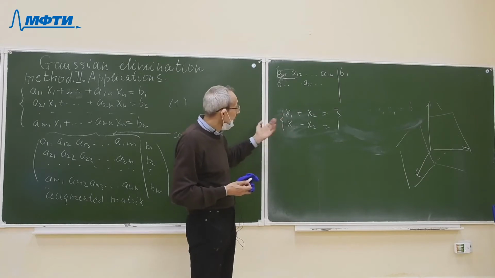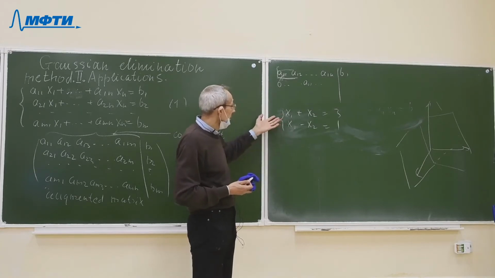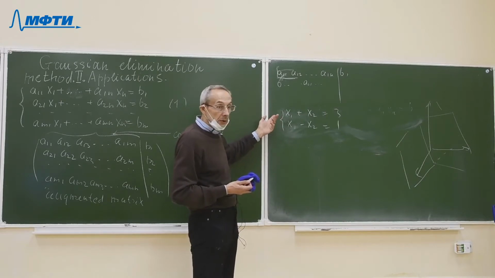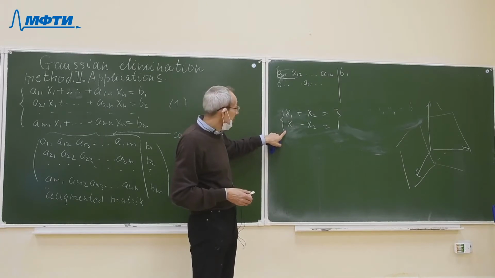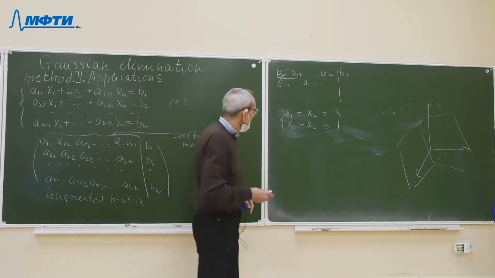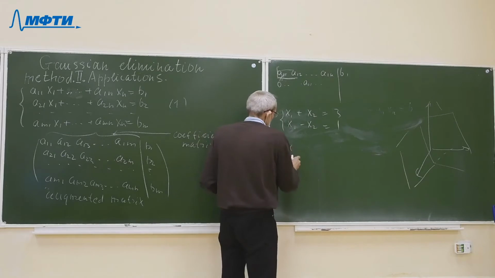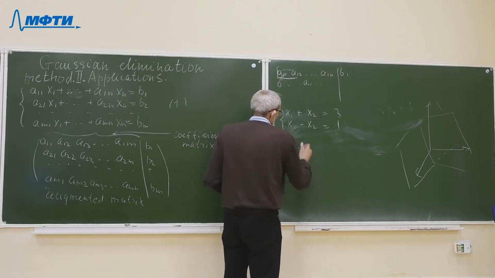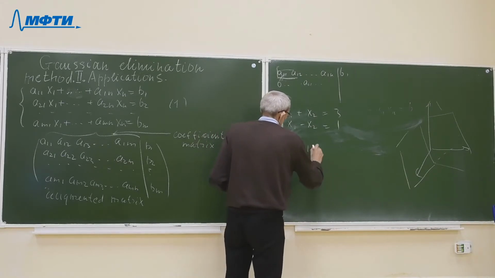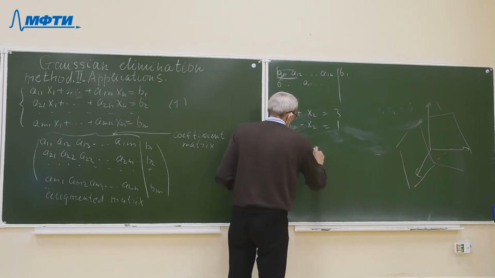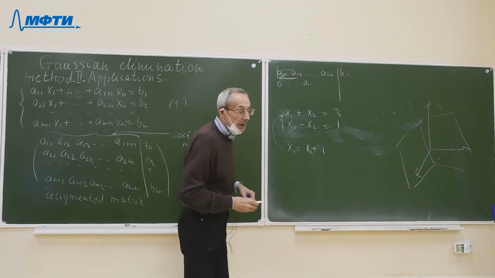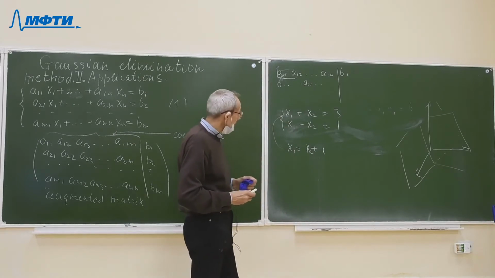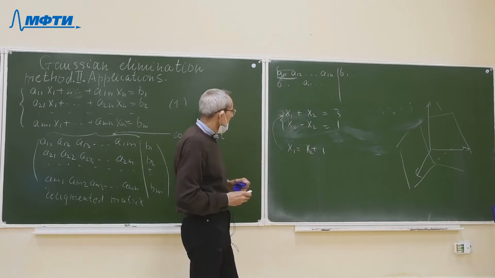For example, with two equations with two unknowns, using the second equation we can express one of the variables, for example x1 in terms of x2, and substitute this expression in the other equation.